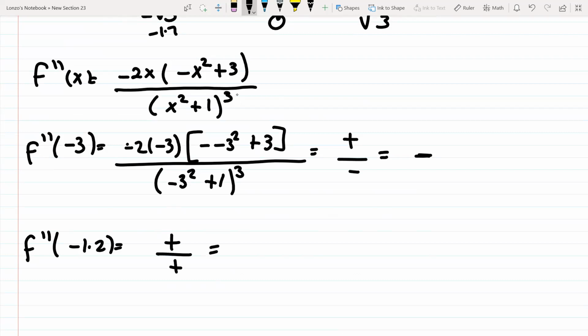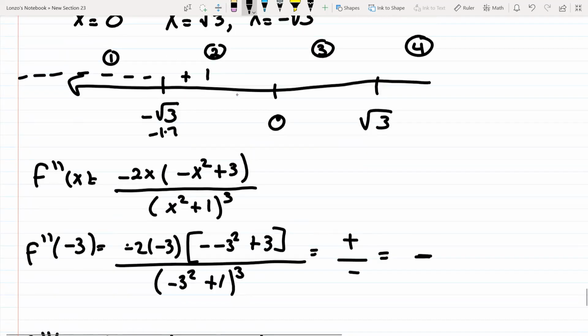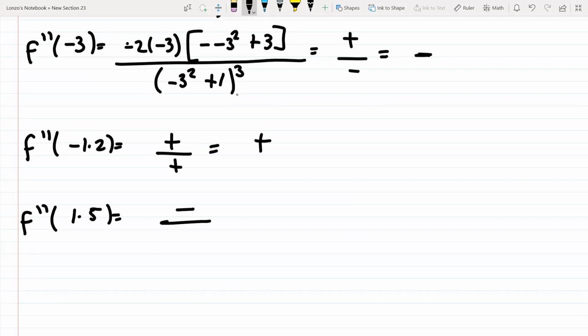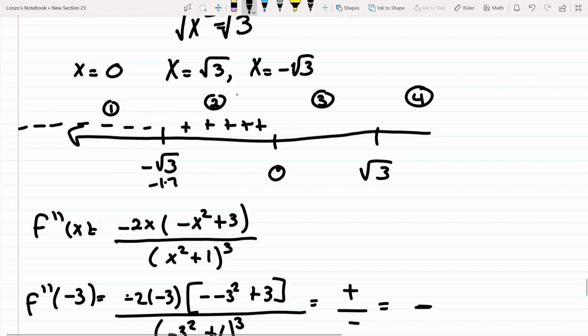So a positive over a positive is positive. And then boundary 3, I need a number between 0 and radical 3. Maybe I could use 1.5. When you put it in the second derivative, the numerator will become negative, and on the bottom it's going to be positive. A negative over a positive is negative. So we're going to put a minus.